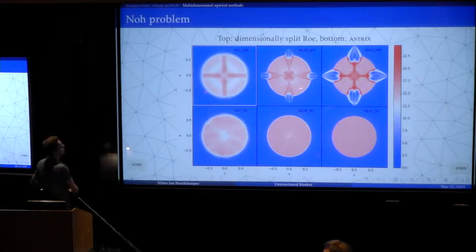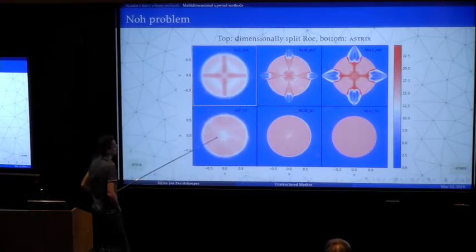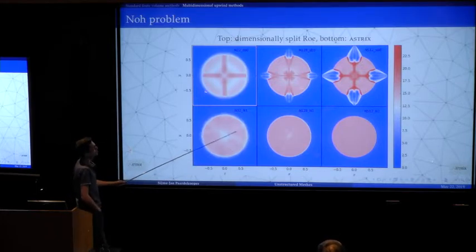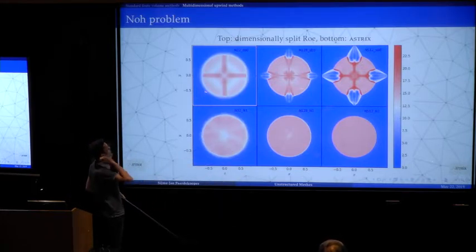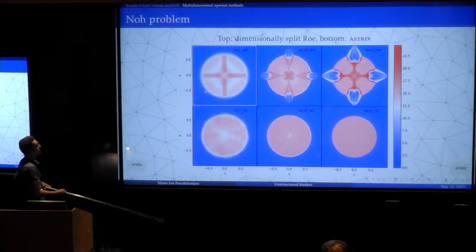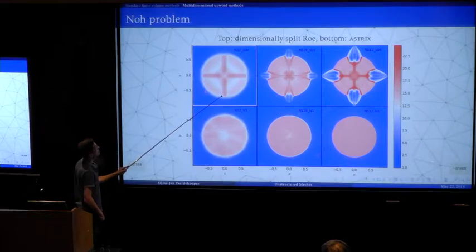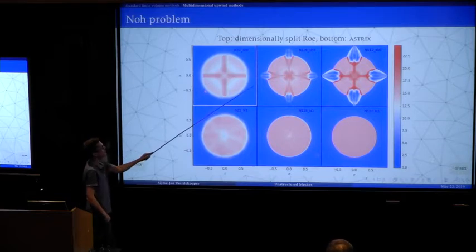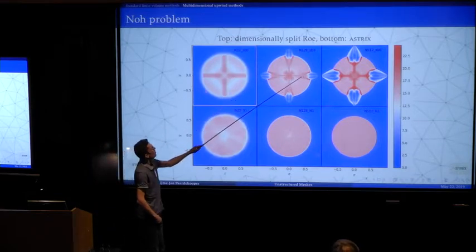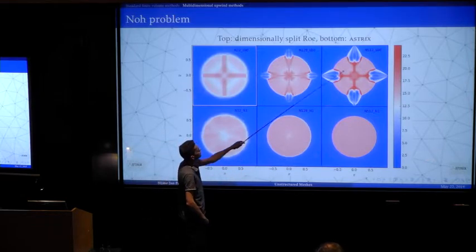The top row is the dimensionally split Roe scheme. The bottom is the multidimensional upwind, a multidimensional version of the Roe solver. In the dimensionally split scheme, you have these preferential directions over x and y, and numerical diffusion along these coordinate axes is just not large enough to stabilize this very strong shock.